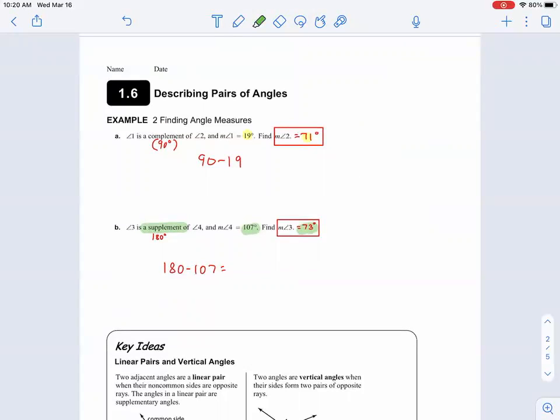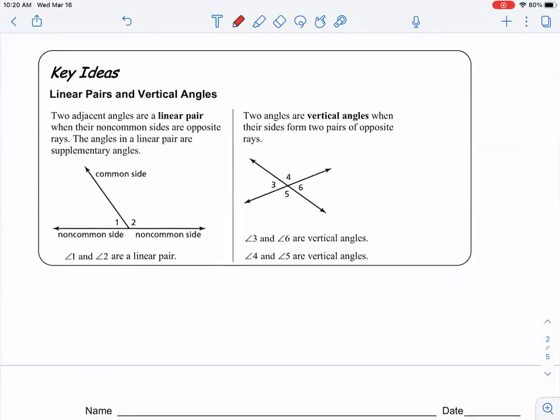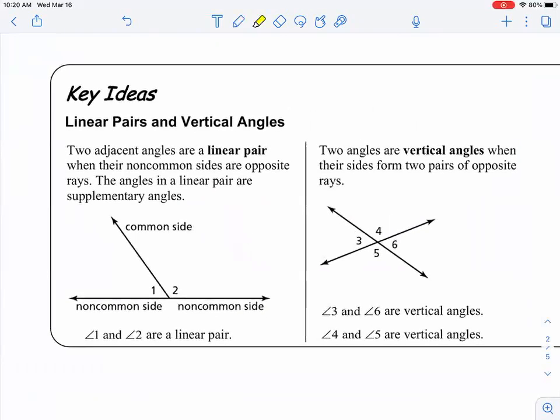All right, I'm going to go on to a couple different terms. Are there any questions on those before I move on? All right, so we have a linear pair of angles. A linear pair, think of the word linear, means they make a line. So angle 1 and angle 2 are a linear pair of angles.